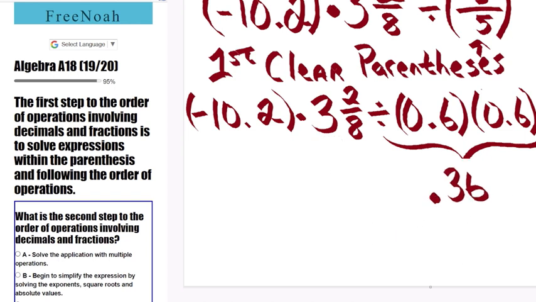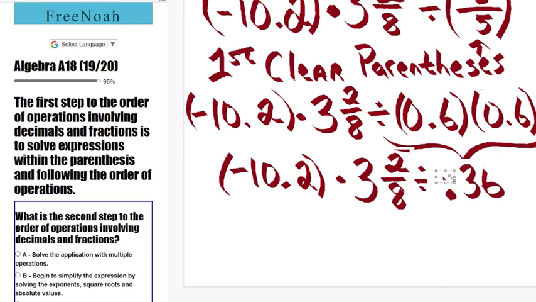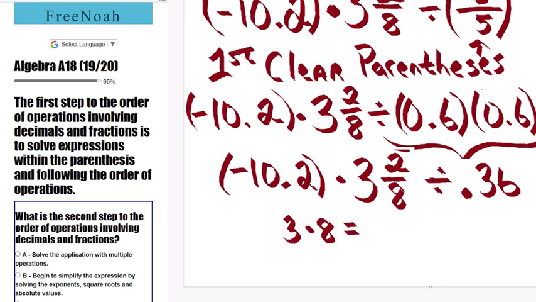So we just cleared the exponents here, right? Rewriting it as -10 and 2/10 times 3 wholes with a fractional 2/8 divided by 0.36, or 36 hundredths. So now let's convert this mixed number into a decimal.